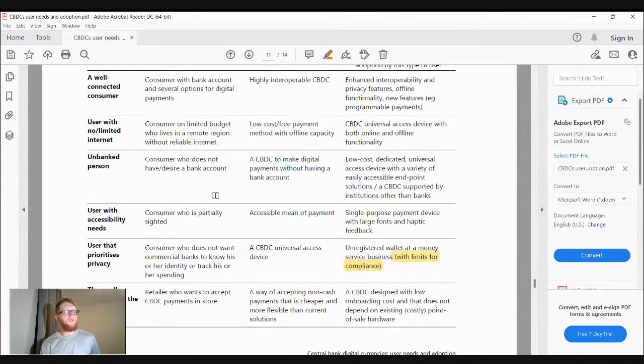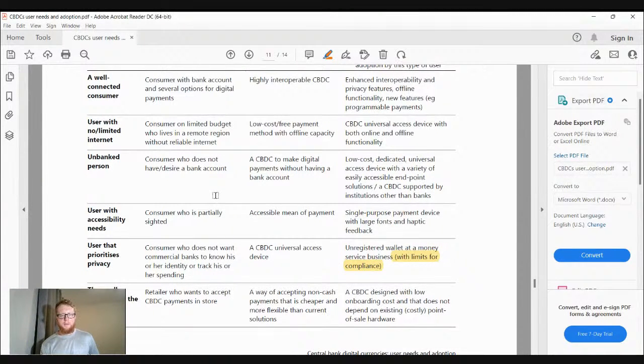I understand more not having a desire to own a bank account, but it's also like, if they don't have the desire to have a bank account because they understand counterparty risk with the commercial banks, and for them personally, whatever their personal risk reward situation is, they deem that to be too risky for them, fair enough.